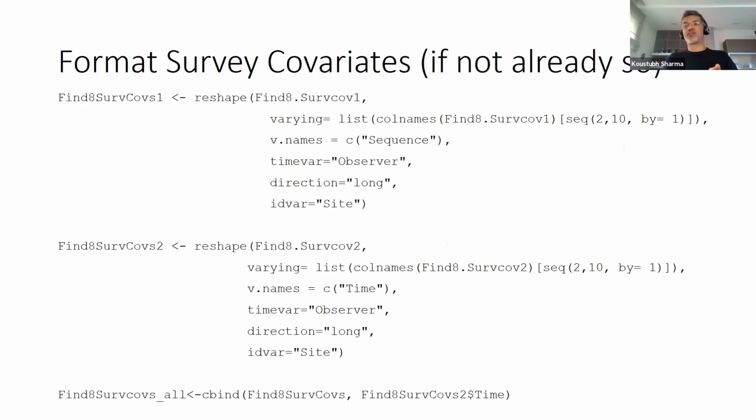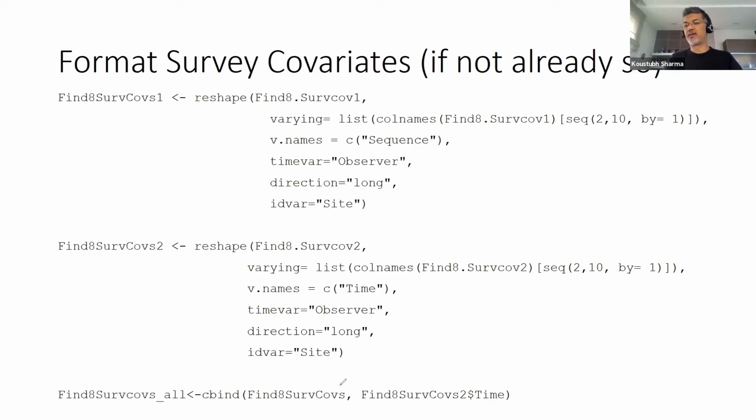R allows us to reshape the data from a wide format, where for each site, with each observer listed in columns and each site listed as a row, there was one value. I'm just transforming it into a long format. These codes, once you use them, you'll start getting used to them. It's very straightforward.